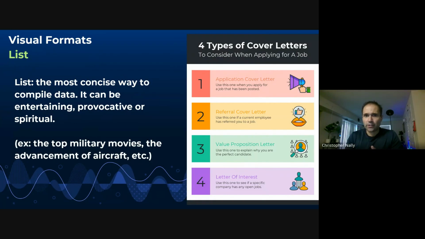You can see the example here, the 4 types of cover letters. 1, 2, 3, 4, it just lists them out, gives a little bit of information about what number 1 is, what number 3 is, but it's just a list. And here you can have a list of top movies, different aircraft throughout different years or decades. Essentially the list just lists items out, whatever you're trying to explain or get through to the audience.